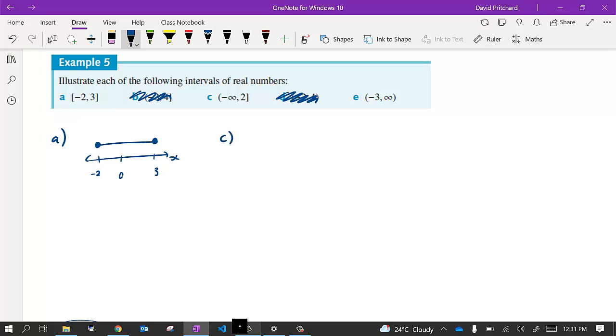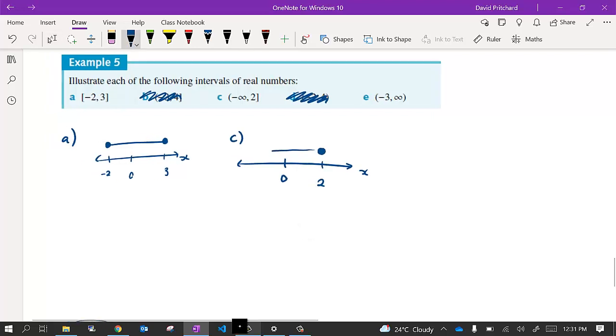When we look at C, we're going from -infinity up to 2. Now the problem is on a number line, how on earth do I represent -infinity? The reality is we're not going to do that. We'll say this is 0 and this is 2. 2 is inclusive, so it's a square bracket, so it's a colored in circle. We can't go all the way down to -infinity, and it would be silly to try.